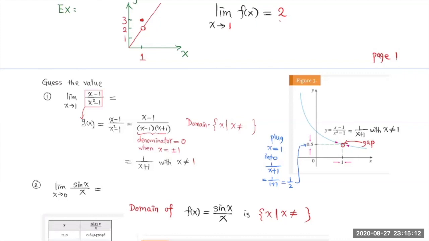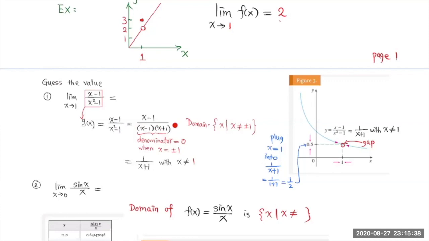So in order for this function to be defined, the denominator cannot be equal to 0. So the domain for this function is all real numbers x such that x does not equal positive or negative 1. So that's the domain for this function right here.